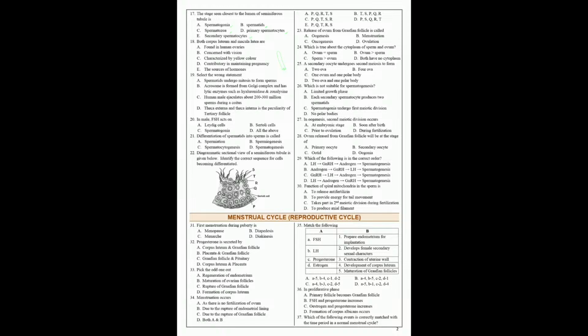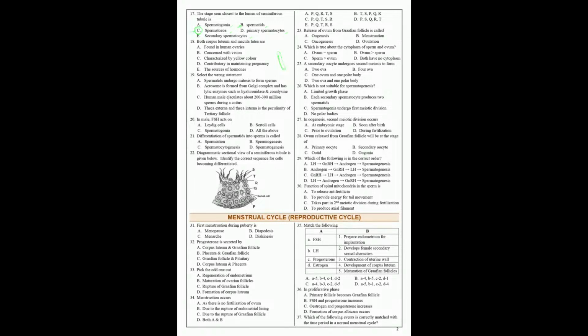Spermatozoa is the final stage of sperm. After spermatozoa production, it will end. So spermatozoa should be the correct answer. If not, then spermatid. But according to my understanding, spermatozoa should be the correct answer here.